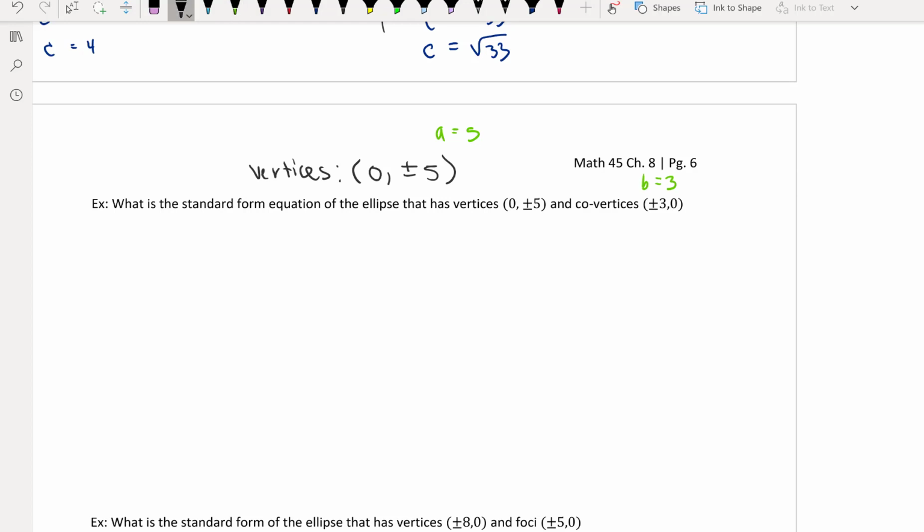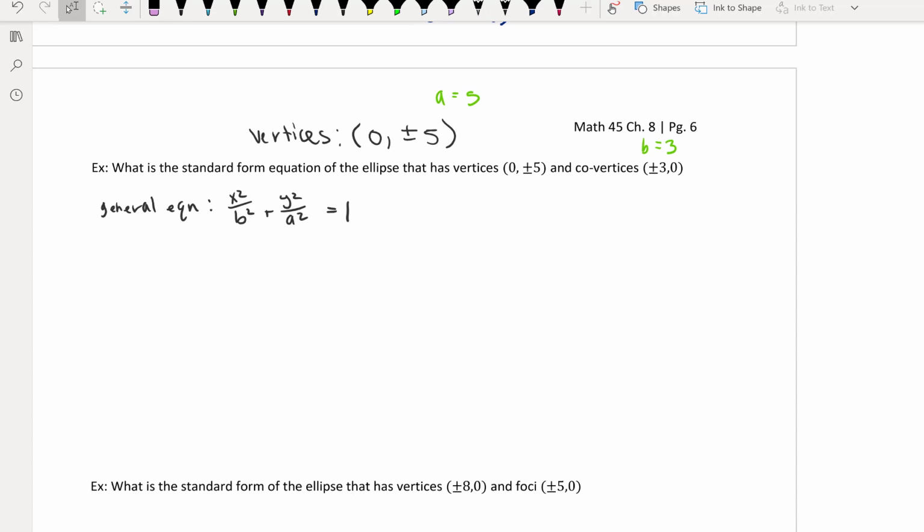So the general equation that I have is going to be x squared over b squared plus y squared over a squared is equal to 1. Since I already know that my a value is equal to 5, then a squared is equal to 25. And I already know that my b value is equal to 3, so b squared is equal to 9.